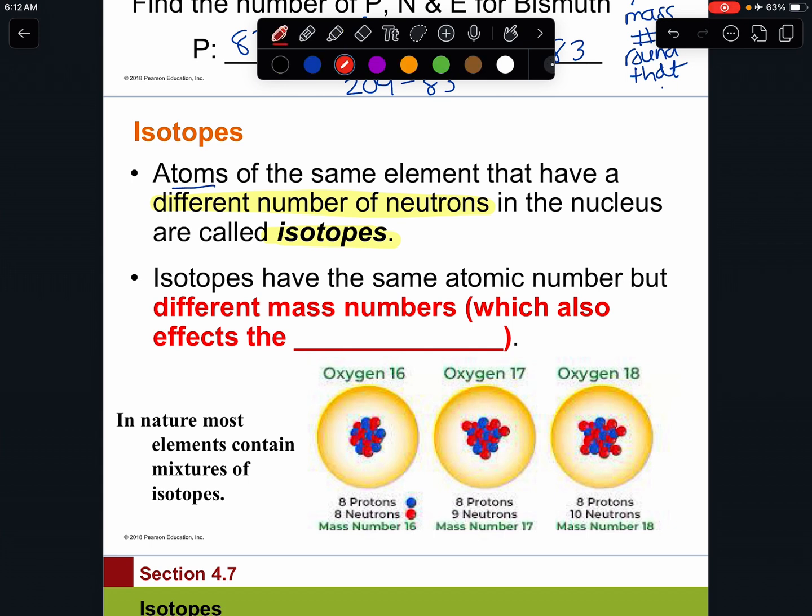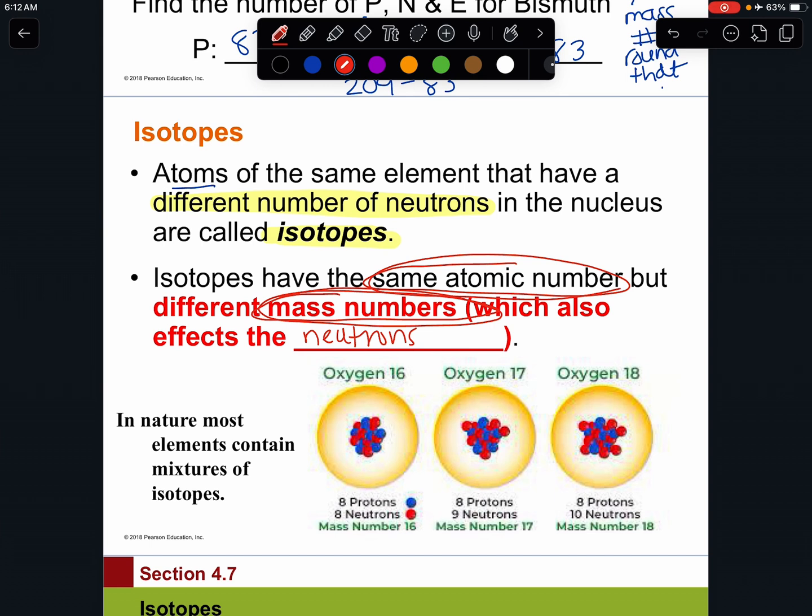Now, when we are affecting the number of neutrons, we are also affecting the mass. So when we affect the number of neutrons, the mass number is affected as well because they are related. Remember, we never change the atomic number or the number of protons.